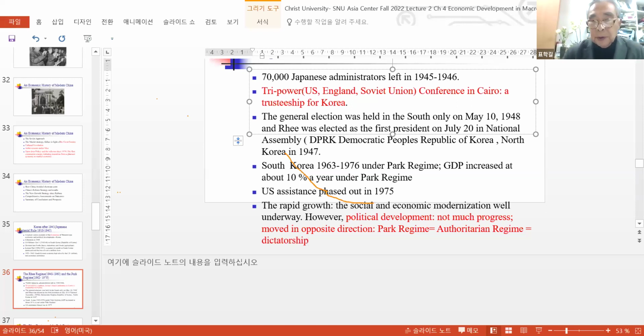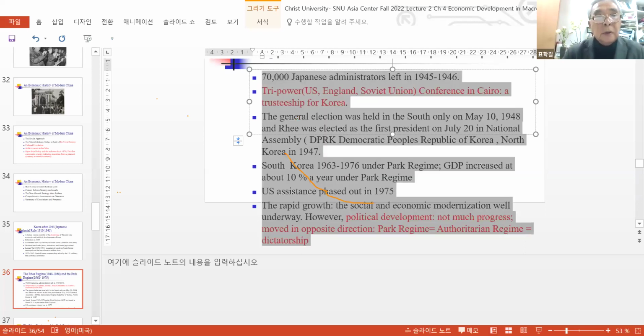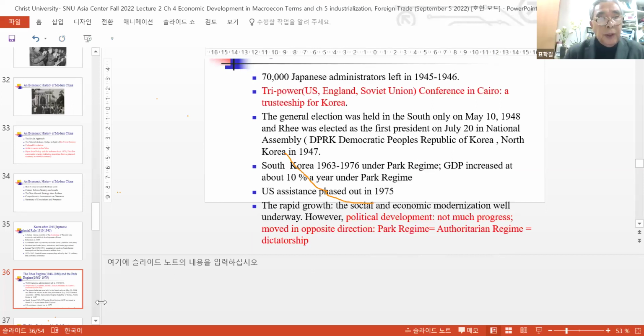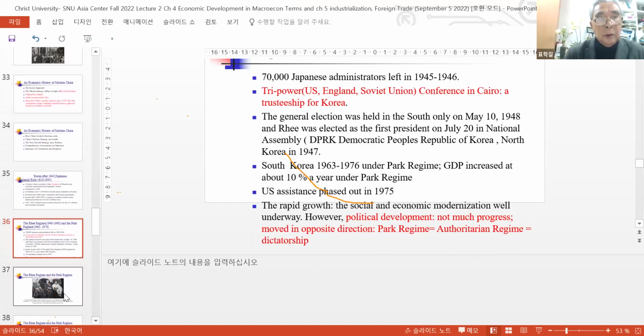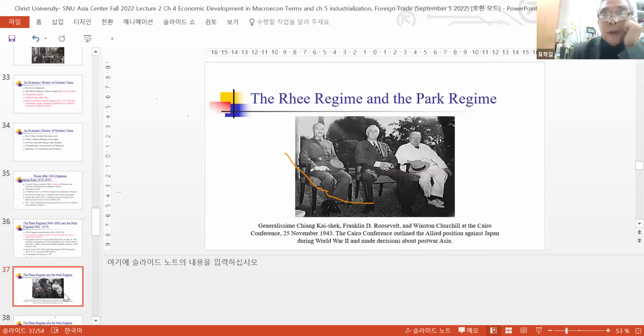Okay, so after that, we can see some picture. The Ri regime was born and the Park regime was born. This is tripartite Yalta Agreement.